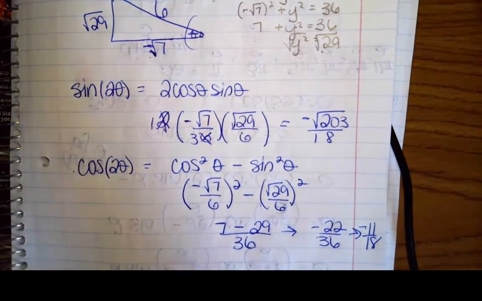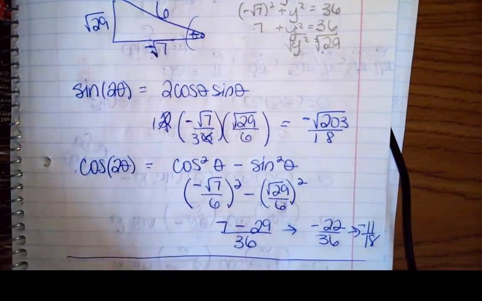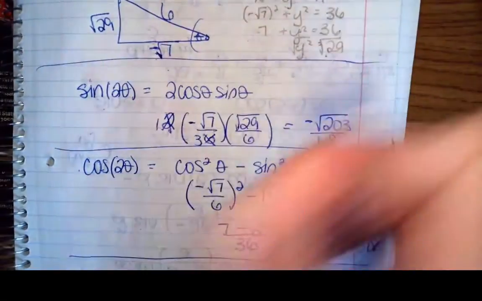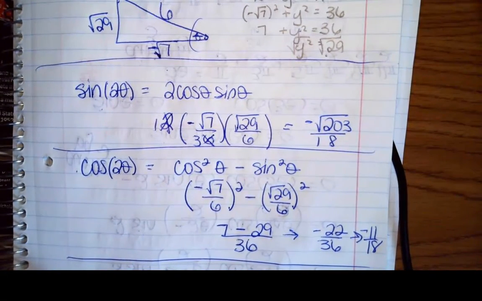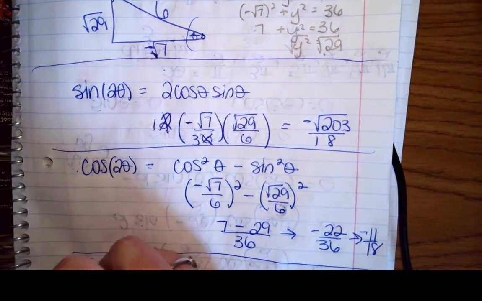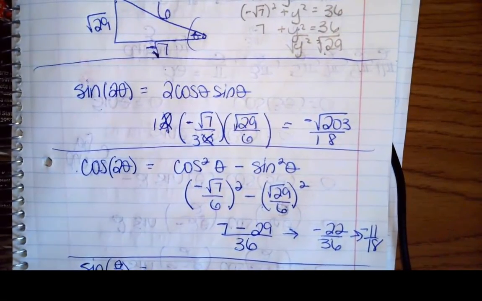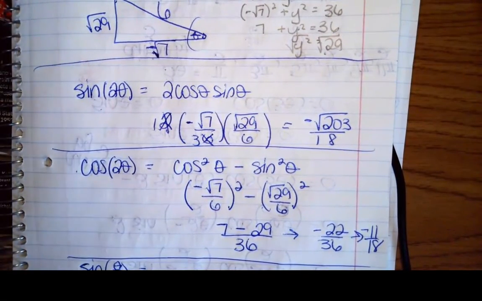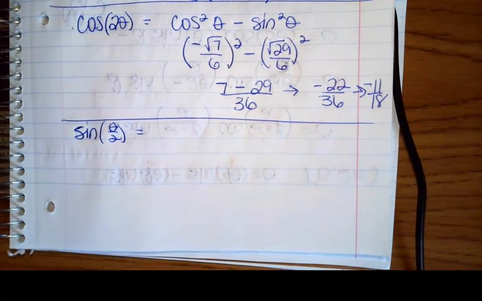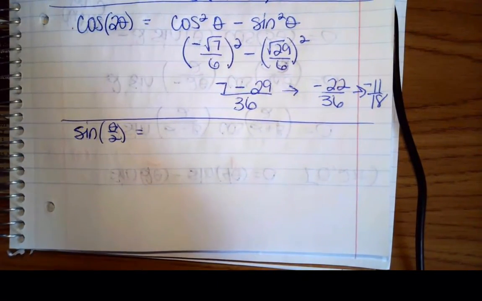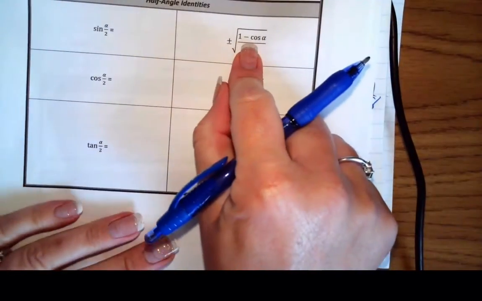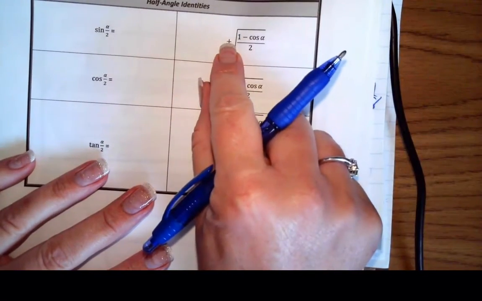Okay, so now give me a half angle. I need to know the sine of theta over 2. Remember we just covered the fact that a half angle is going to land us in quadrant 1. So looking at our formulas, I know I'm going to take a positive root because I'm going to land in quadrant 1.